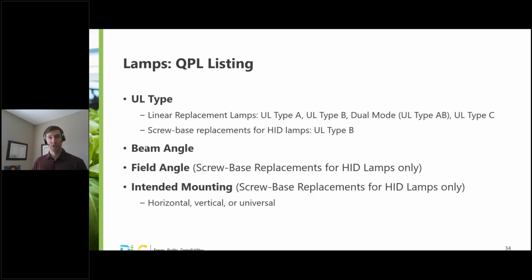UL type has not changed, so we'll still list the UL type that the lamp is intended to operate on. New categories include beam angle, field angle for those MogLEDs, and also intended mounting, so that information will be shown on the QPL.